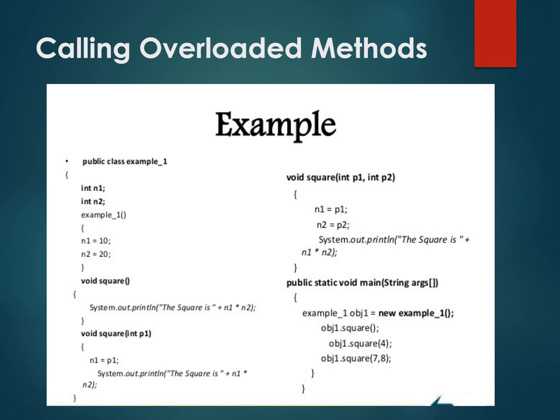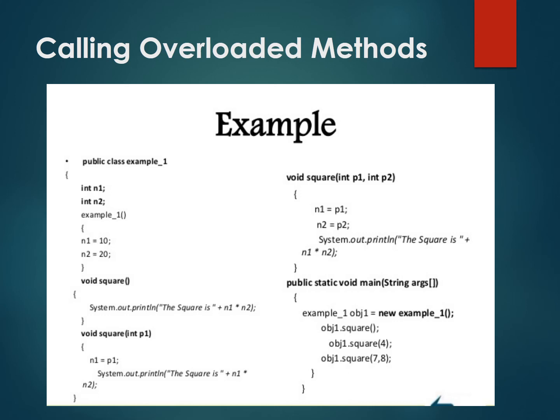Now, from the main method, as you know that the execution of the program begins from the main method, and it is a static method, therefore we need to make the object of the class Example1, because all the three methods square are non-static methods, and whenever we need to call the non-static methods from the static method, we have to create the object.